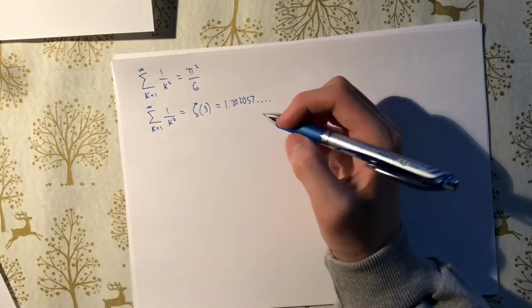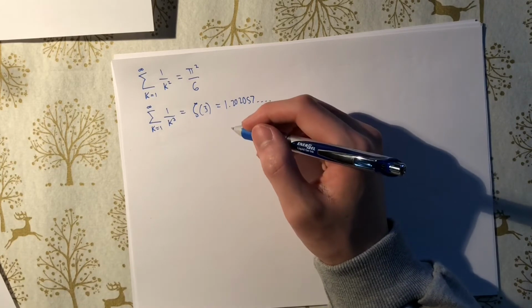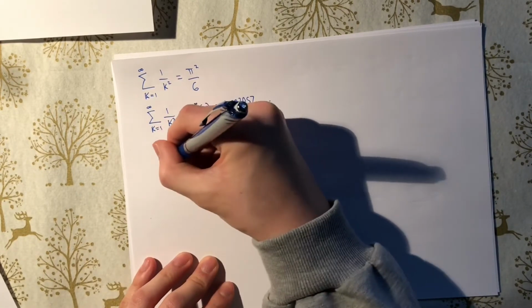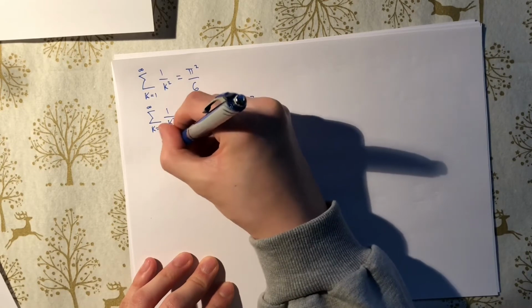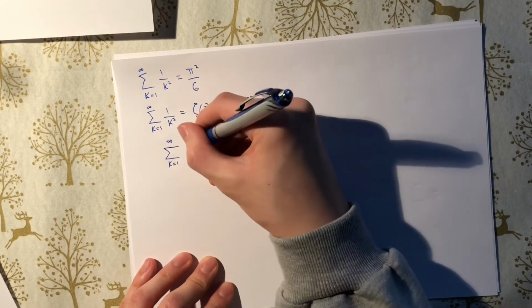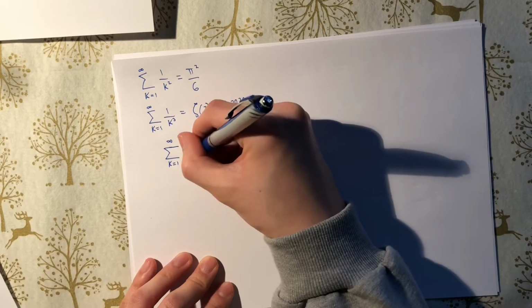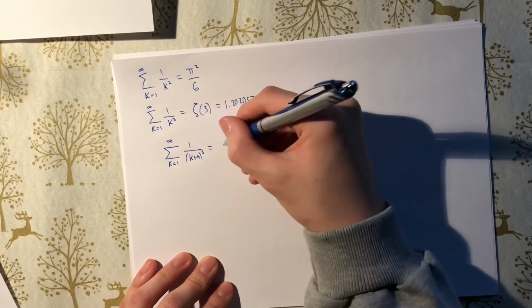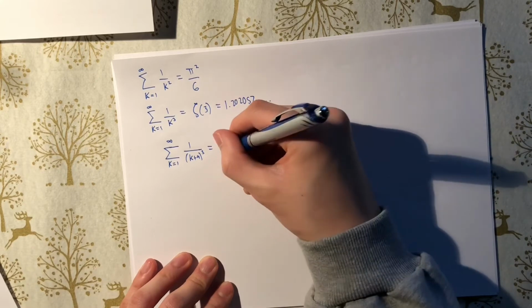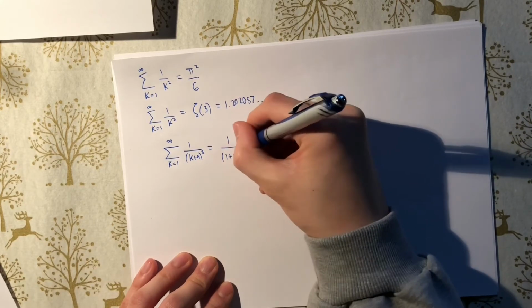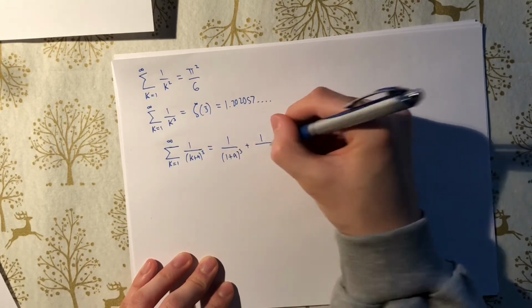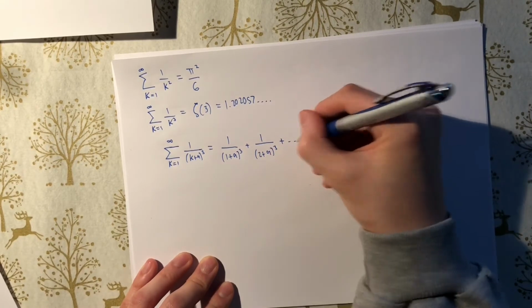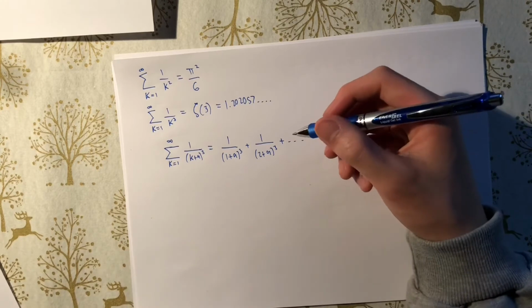So let's take the third series. That third series, as a refresher, is the sum from k equals 1 to infinity of 1 over (k plus a) all cubed. If we write this out, this is 1 over (1 plus a) cubed plus 1 over (2 plus a) cubed plus dot dot dot, forever.